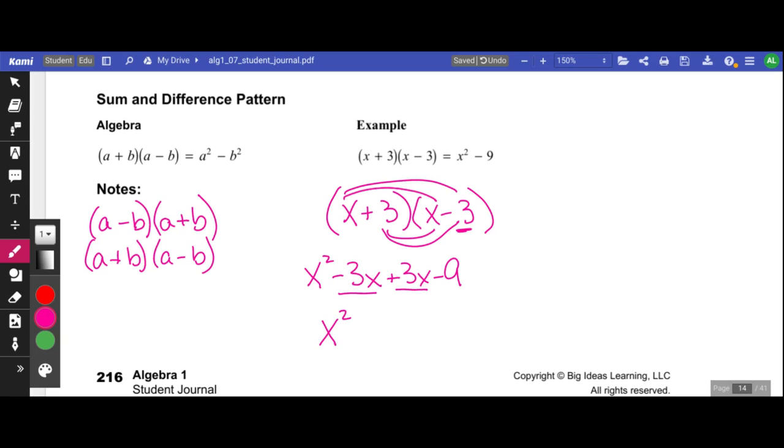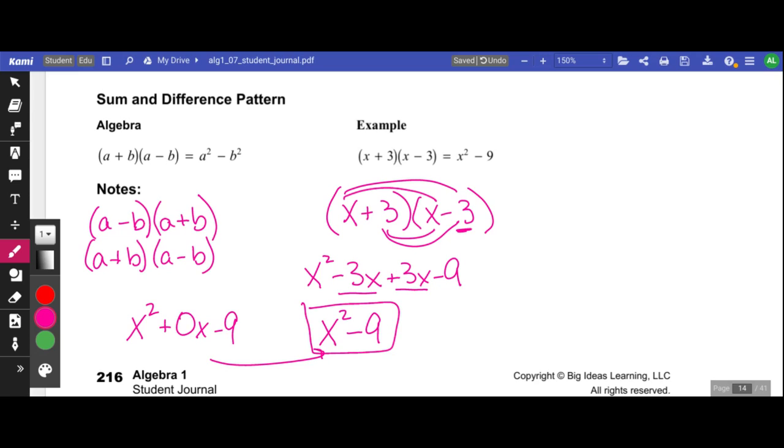I'm going to skip that term completely and just go x squared minus 9. If it really helps, you can write it out x squared plus 0x minus 9, but then I would simplify it to just x squared minus 9.